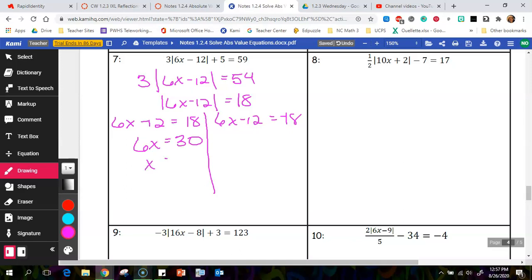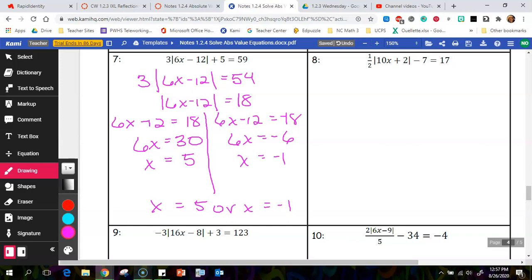Divide by 6, x equals 5. And let's see, 6x equals, that's going to be negative 6. X equals negative 1. So x equals 5, or x equals negative 1.